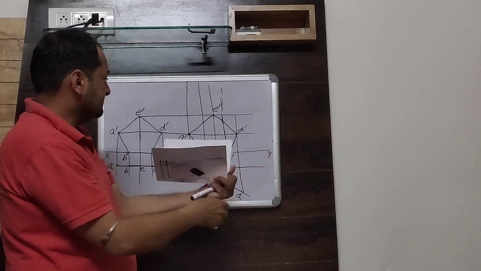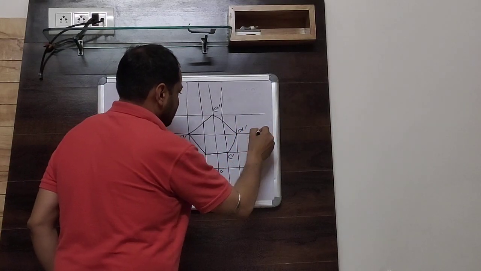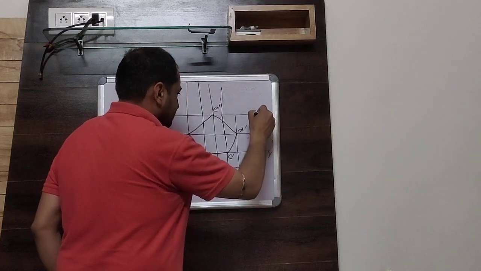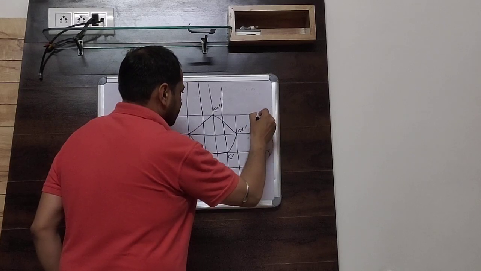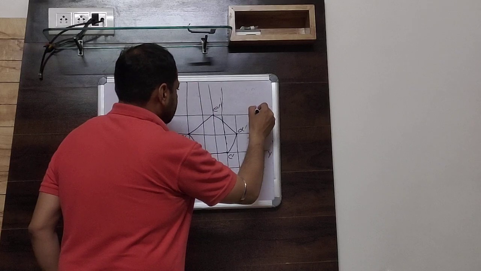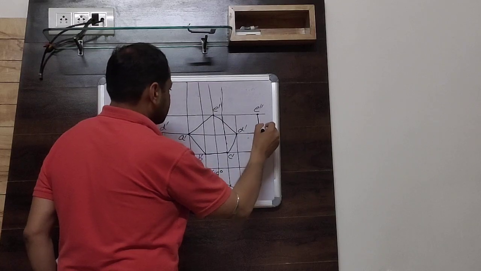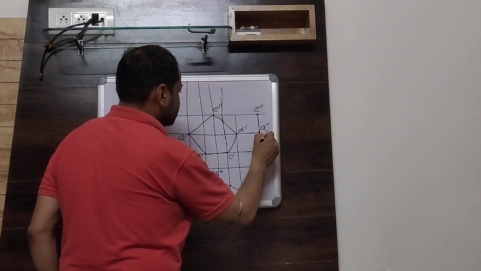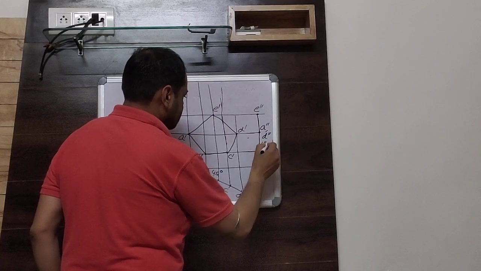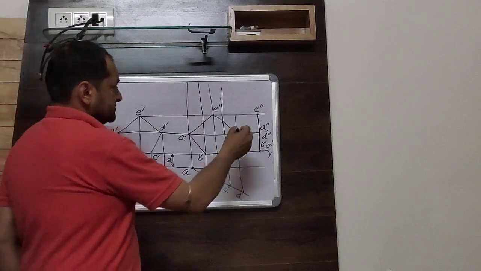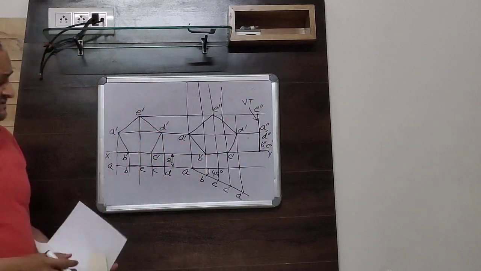It will meet the vertical plane. Just draw it. So this point is E double dash. These points are A double dash, B double dash and C double dash. So this is the vertical trace.